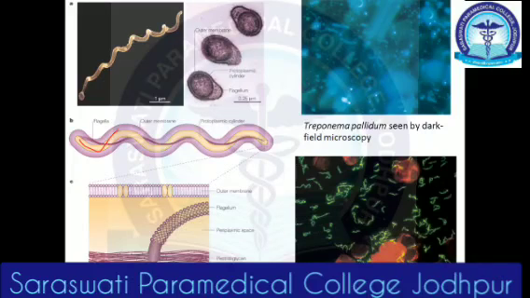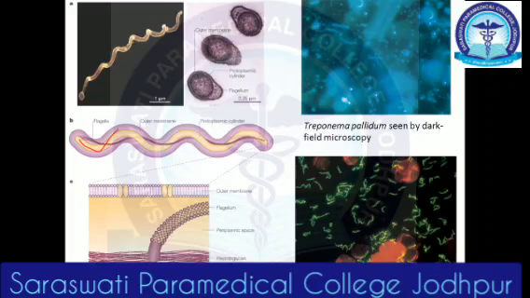This periplasmic space contains this long flagella, as you can see, which attaches at both of their ends. Now this is really important for their movement, because if they produce flagella from one end and it is not attached to the other end, then this type of coiling structure cannot be achieved.